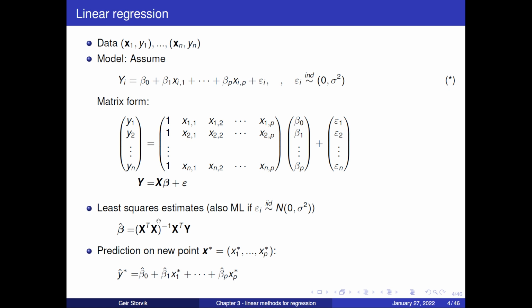And based on this, we can predict a new point at a new point x star by using y hat, inserting the estimates of beta into this. Note also that we in some sense predict the epsilon to be 0, because we don't have any more information on that. So that will be the setting that we will consider.